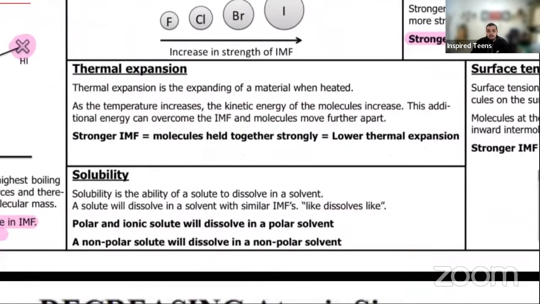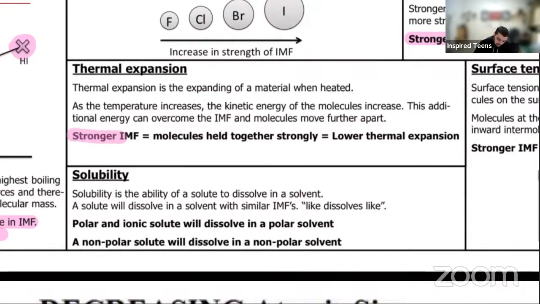Let's look at thermal expansion. Thermal expansion is the expanding of a material when heated. It's the ability, how much can the material expand when it's heated, right? As the temperature increases, the kinetic energy of the molecules increases. This additional energy can overcome the intermolecular force and molecules move further apart.